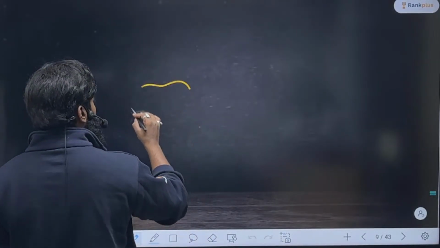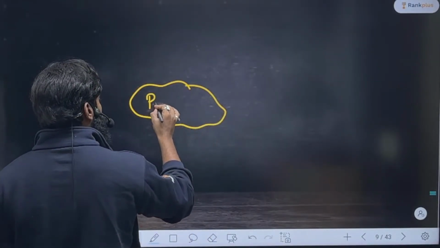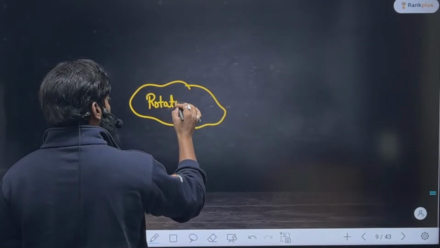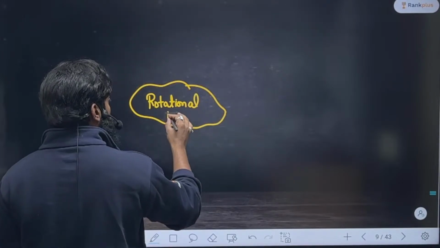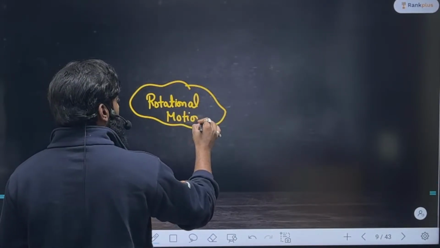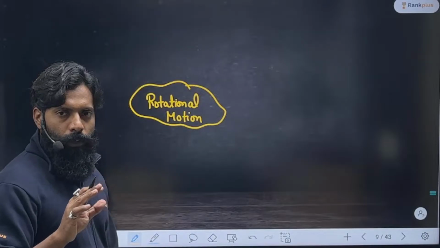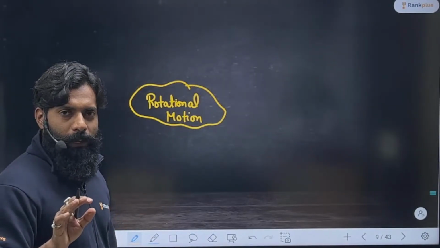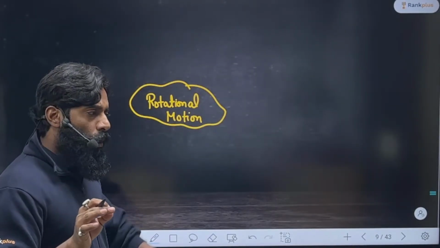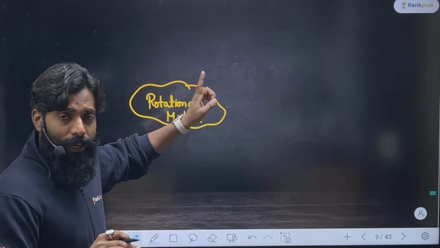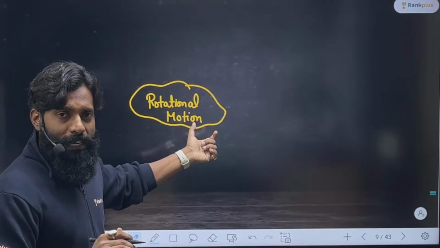Rotational motion is all about rotation. In rotational motion, we are not learning any new concept. We are just relating the concept which we have studied earlier to the rotational motion type.